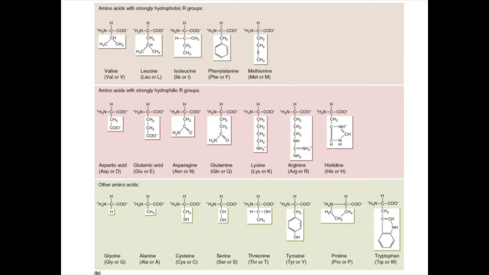There are 20 amino acids that are used to build proteins. The 5 shown in the top panel have strongly hydrophobic residues, that is, they're water-hating. Stretches of hydrophobic residues therefore tend to be found in the portions of the ion channels that are embedded in the lipid membrane.